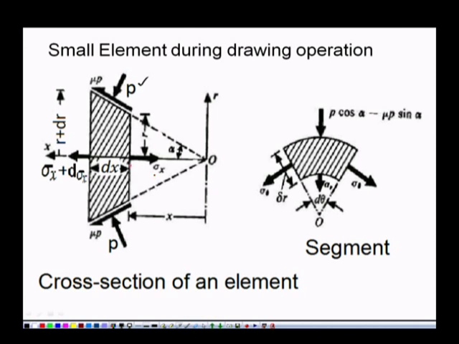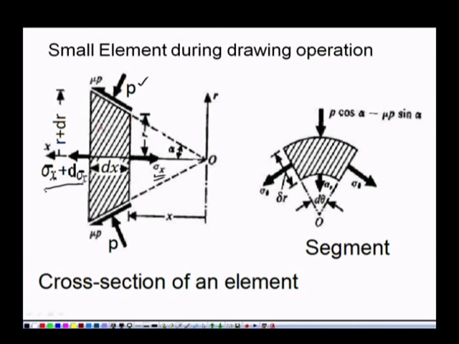The force acting on the right hand side of the strip is sigma x, and on the left hand side of the strip it is sigma x plus d sigma x. The radius we have taken as r for the strip.